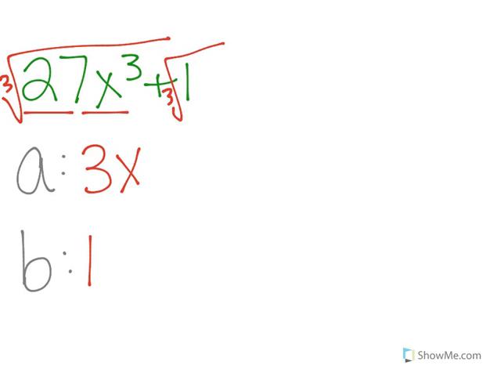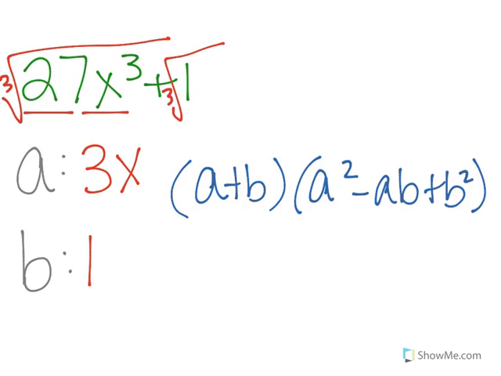So go ahead, look at this formula. Remember, we have a plus given to us, not a minus. This is going to be a sum of two cubes. Go ahead and try this one and see if you get the answer I'm about to get. Now, I got 3x plus 1 for my first part, and then a squared.